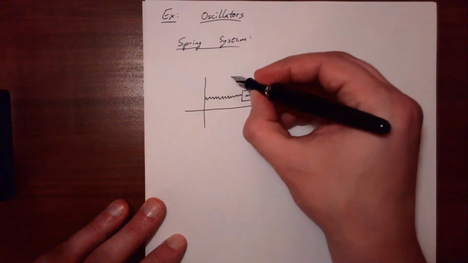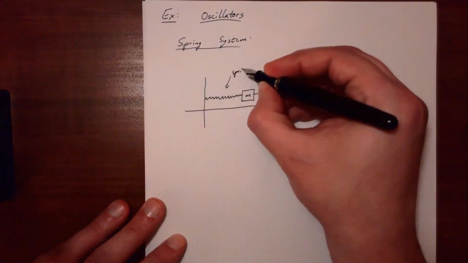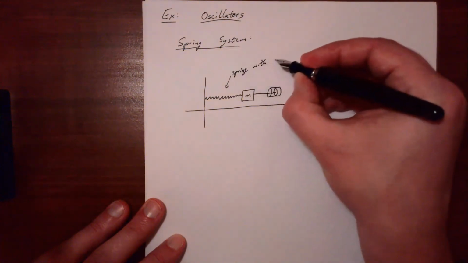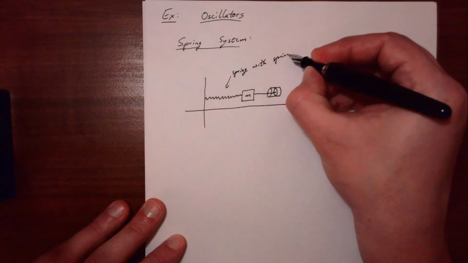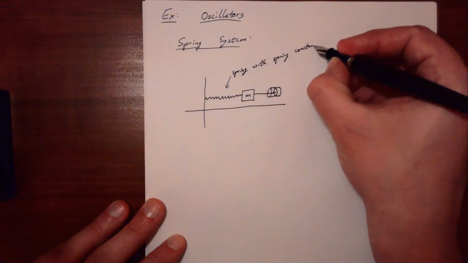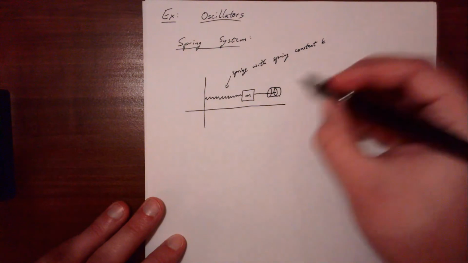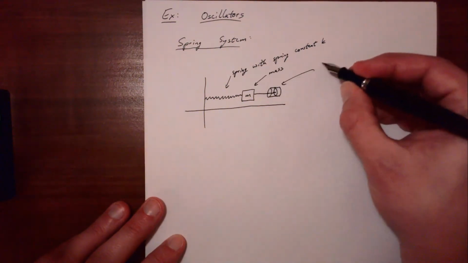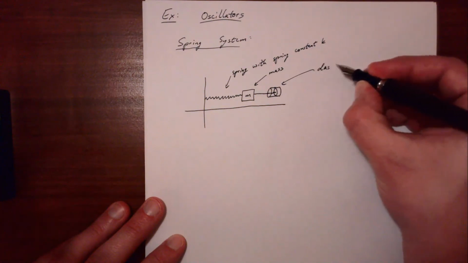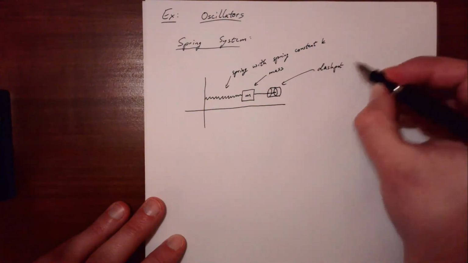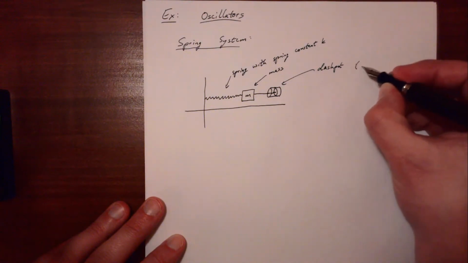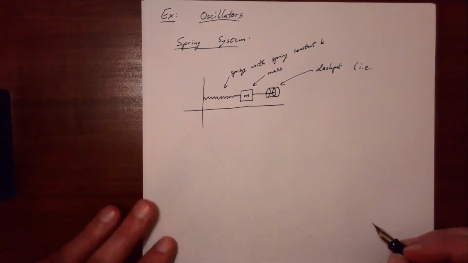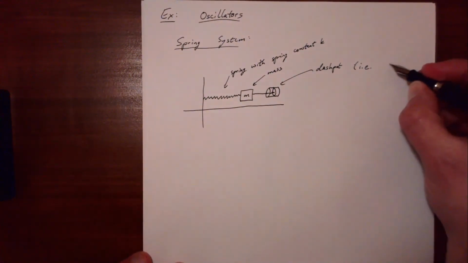So this is the spring, and we'll say it has a spring constant K. This is a mass, and this represents a dashpot, which is, in other words, just a device that represents friction, i.e., friction.